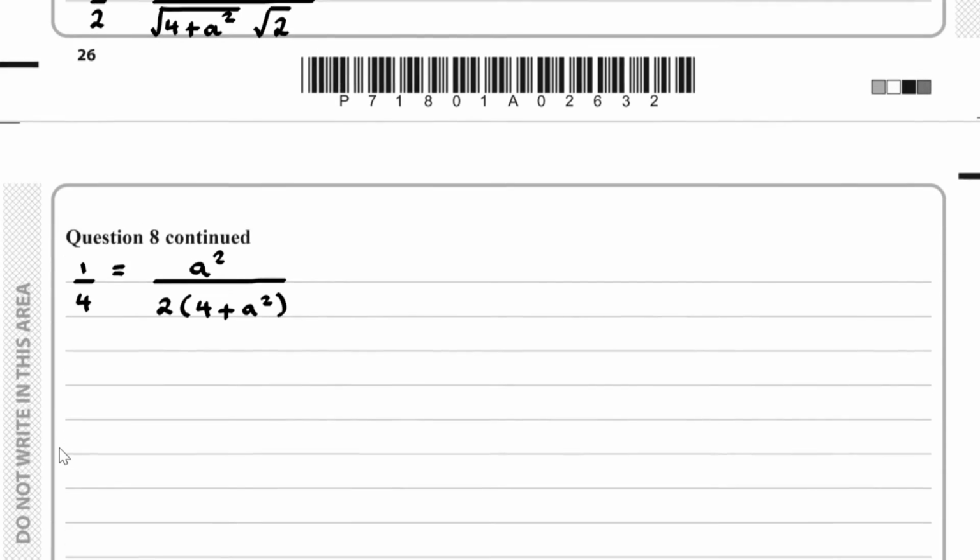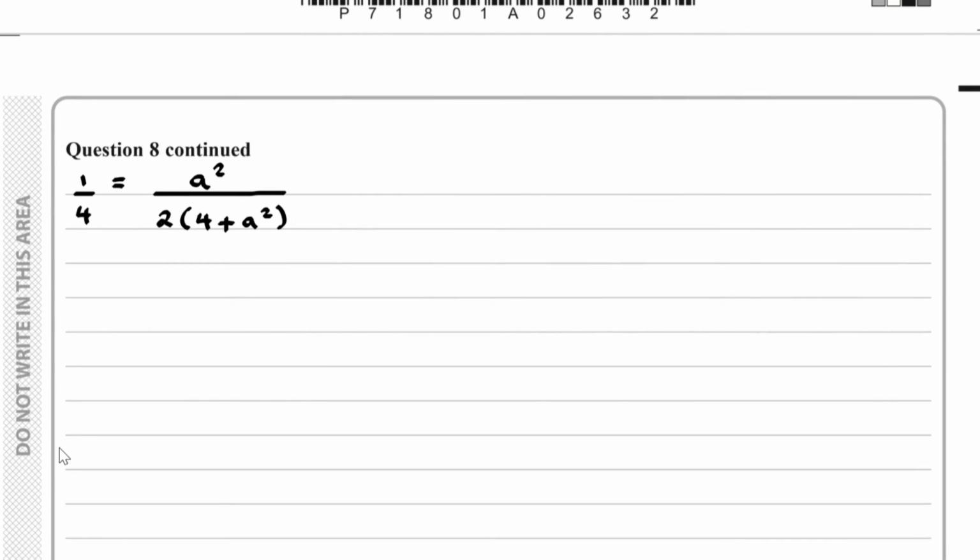So, if I multiply through by 2, 2 times 1/4, that's 1/2, and that's equal to a squared over 4 plus a squared.